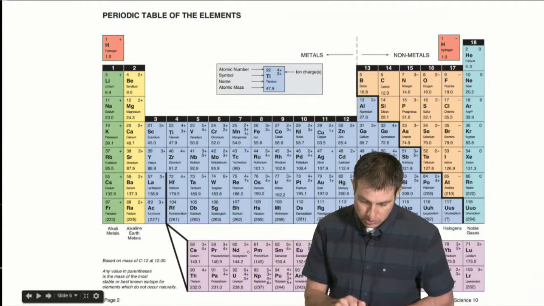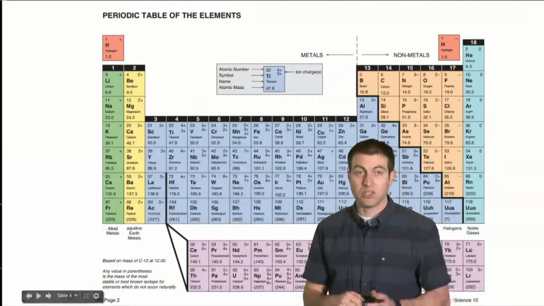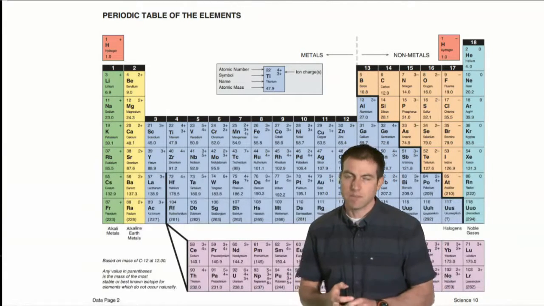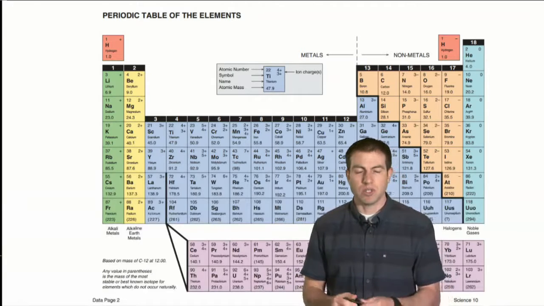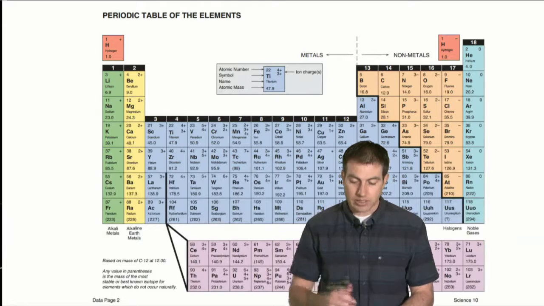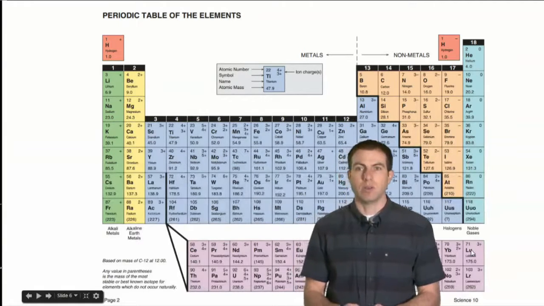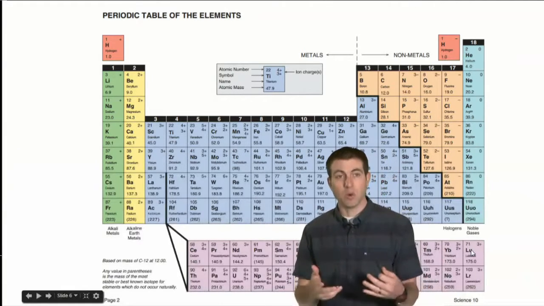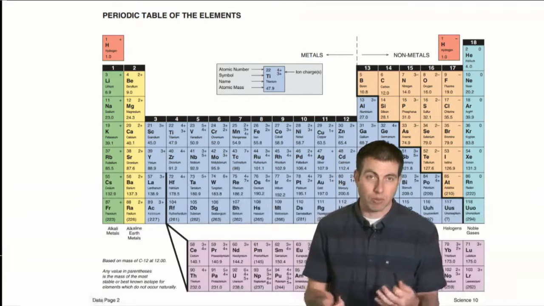32 and 32 in the last 2 shells. In grade 11, you'll talk about the next elements past 18. So we talk about S orbitals, P orbitals, D orbitals, and F orbitals.